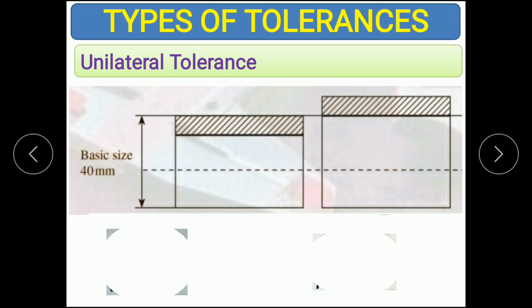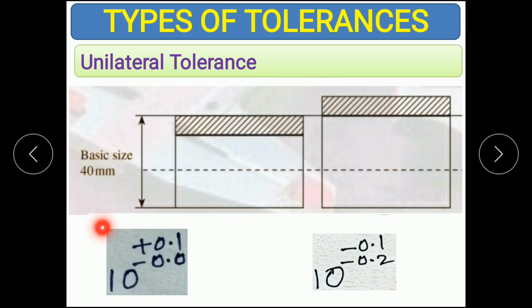Here you can say 10 plus 0.1 minus 0, means tolerance is provided only on the plus side, not on the minus side. The minus side is 0.